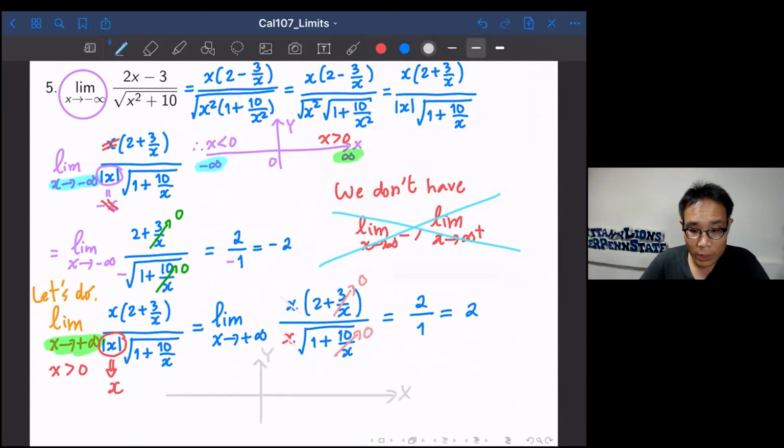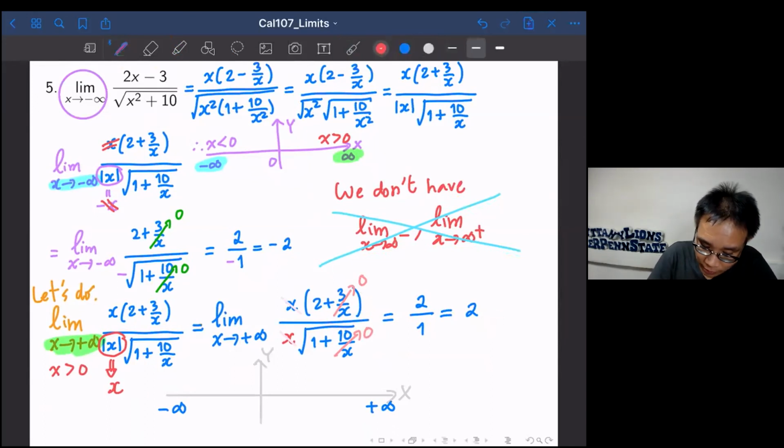In this case, when x goes to positive infinity, which is here, and negative infinity, which is here, you see that as x goes to positive infinity, the limit is equal to 2.